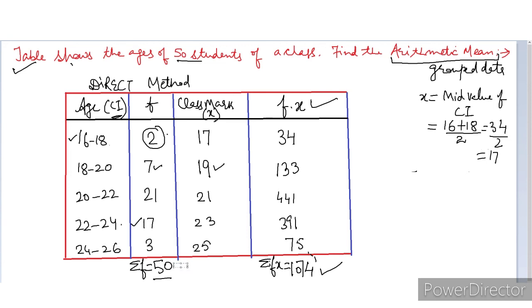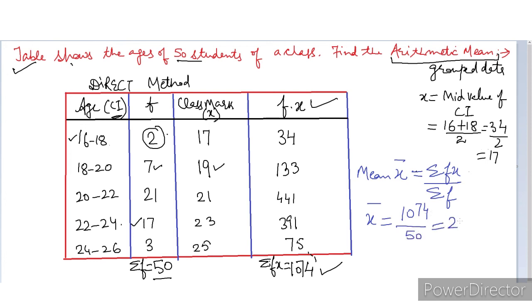Now I am going to tell you the formula to find the mean. Mean is always written as x bar, okay, and the formula here is summation fx divided by summation f, right? So we are simply going to put the value of summation fx, that is 1074, and summation f is 50, and if I divide, I will get the answer as 21.48.